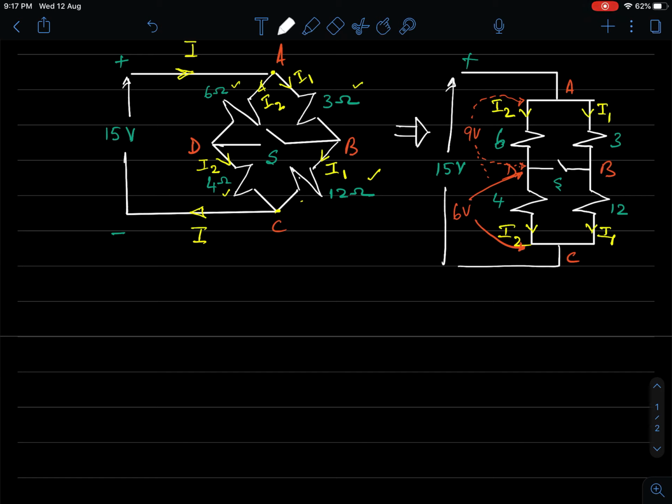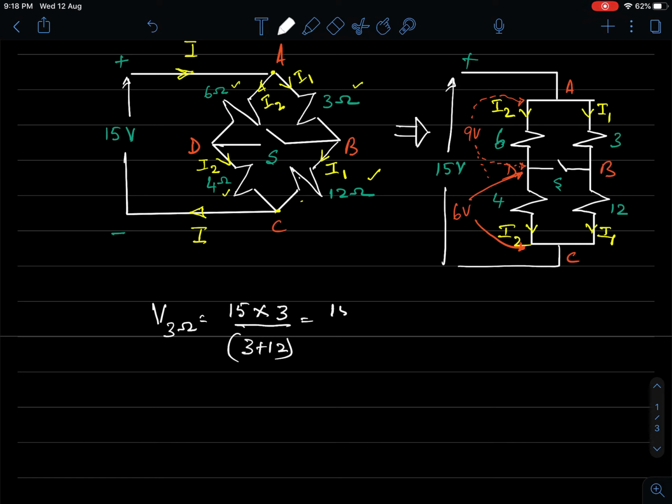Now, what is the potential difference across A and B? If I want to do that, we apply the same logic. Because 3 and 12 are in series, 15 volt is appearing across 3 and 12. So if I want to know the potential difference across 3 ohm, I calculate it as 15 volt, the total voltage applied, into the resistance across which you are interested in knowing the potential difference, divided by the sum of the two resistances which are in series, that is 3 and 12.